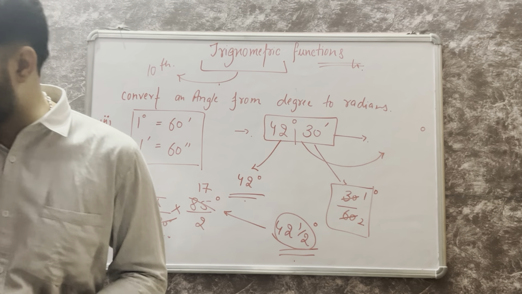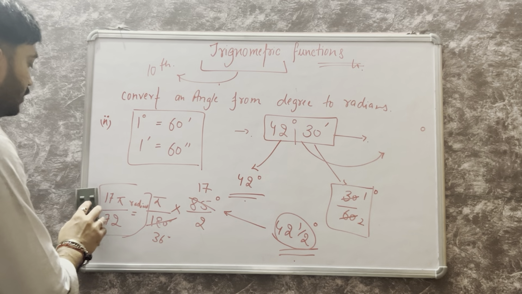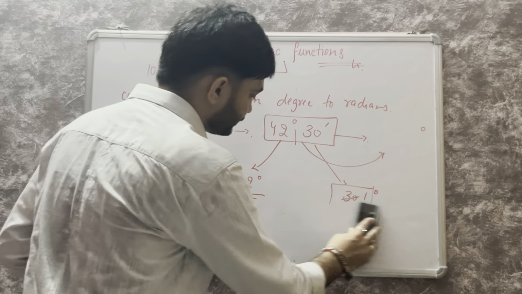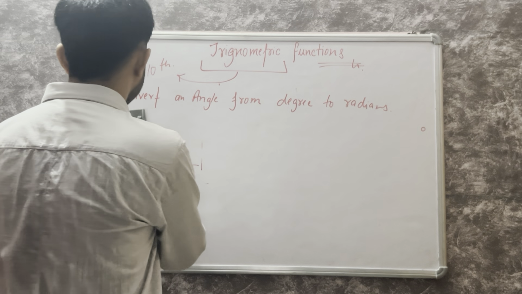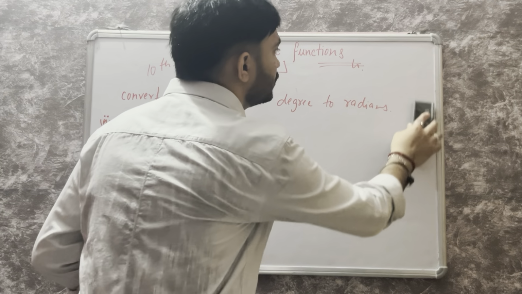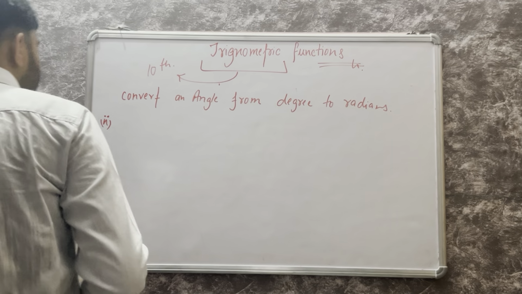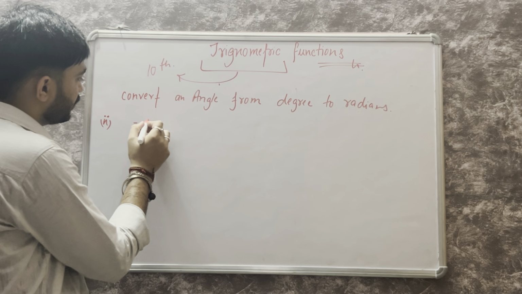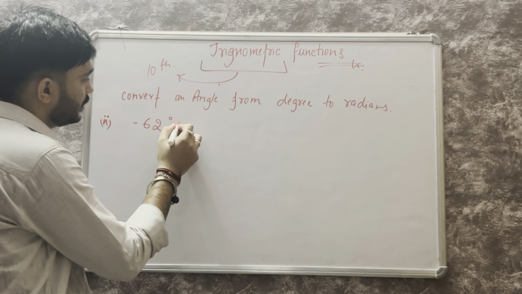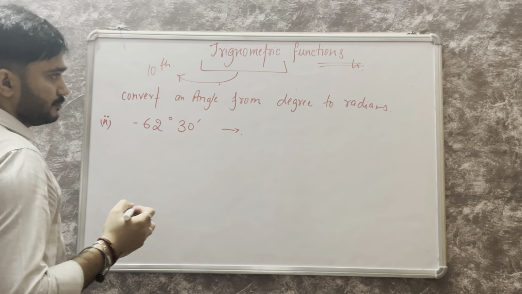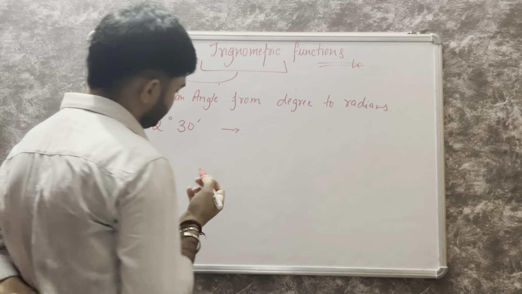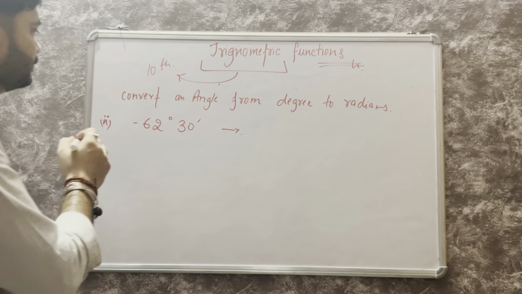We are going to solve one more example of it in order to get a good knowledge about it. So, if a question like minus 62 degrees 30 minutes is given, how are we going to solve it?